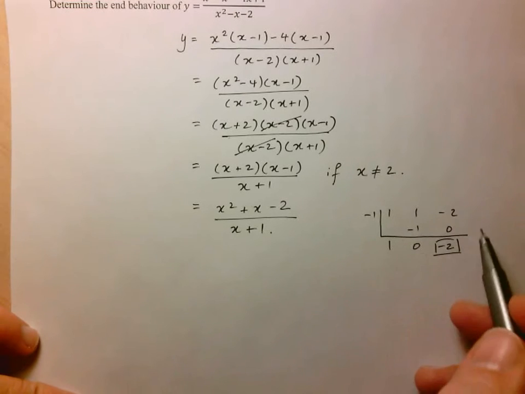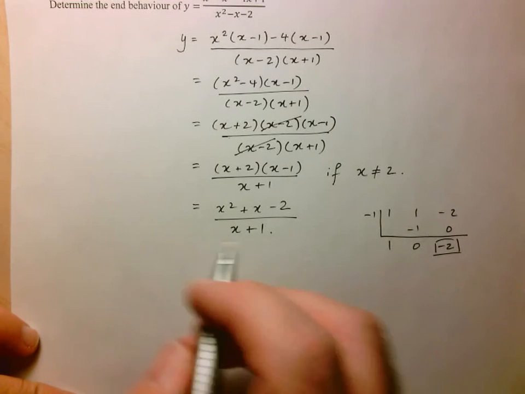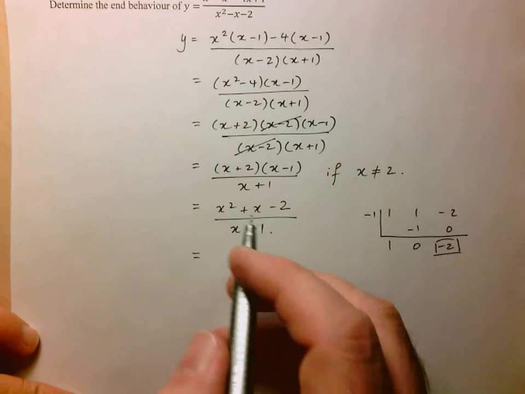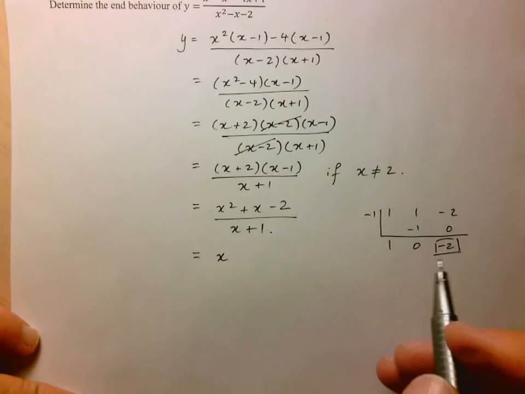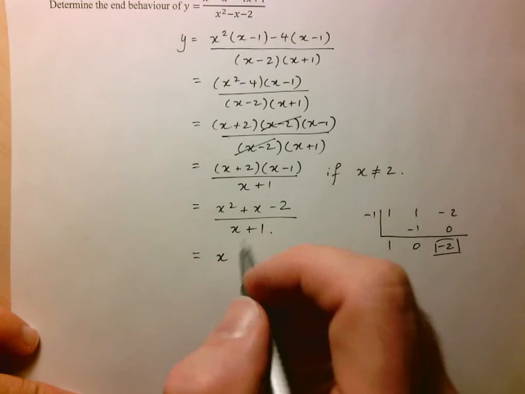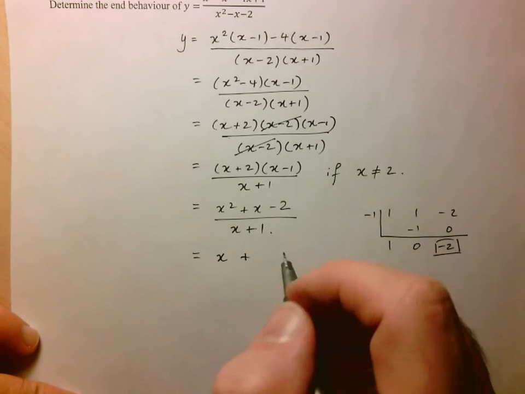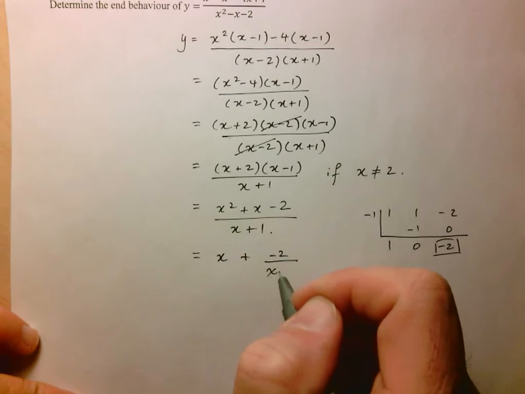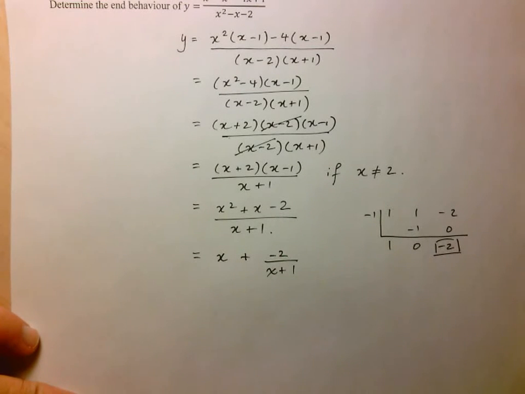Let's remember what this expression represents. This tells us that this quotient can be rewritten as my quotient x plus 0, so no constant term, plus my remainder divided by my original divisor, x plus 1. My claim is that this linear function represents the oblique asymptote.